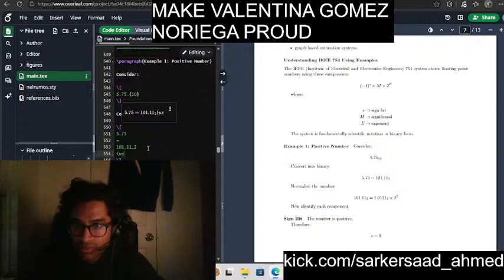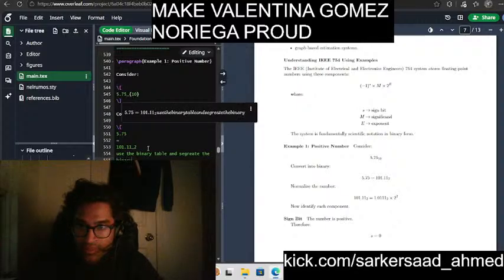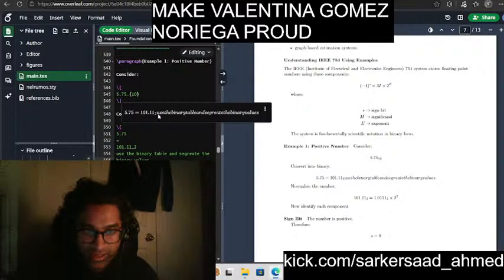Use the binary table and segregate the binary values. Wait, I know that there will be no space. I can literally see it. Why is that?